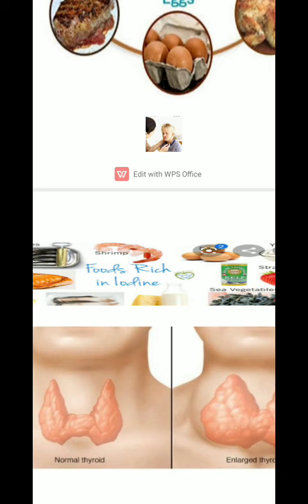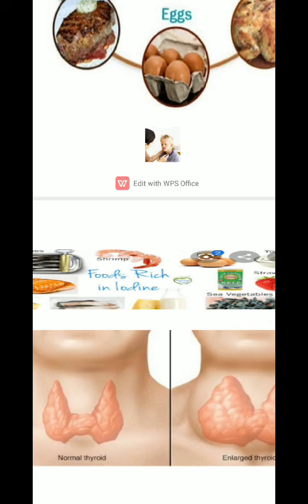Goiter is an abnormal enlargement of the thyroid gland, which is present at the base of our neck, just below the Adam's apple. Although goiters are usually painless, a large goiter can cause a cough and make it difficult for us to swallow or breathe.